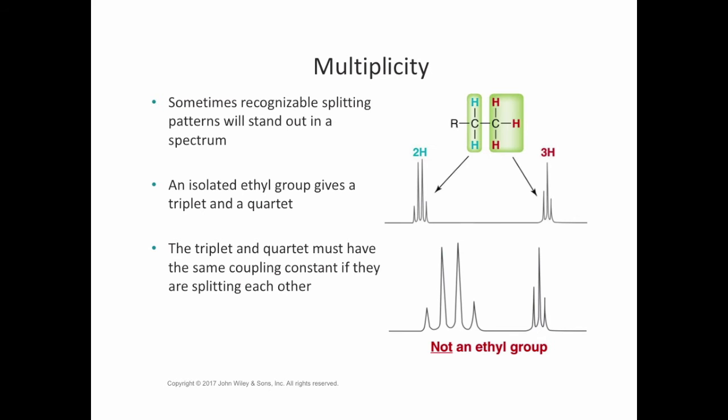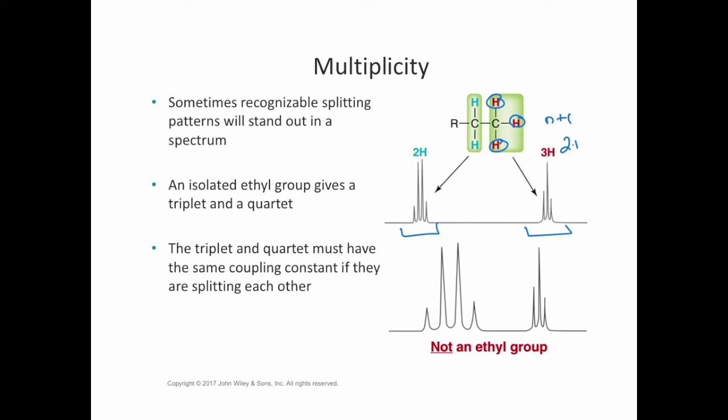There are recognizable splitting patterns that should stand out to you in a spectrum and indicate the presence of certain groups. An ethyl group, for example, will give rise to a quartet and a triplet. The hydrogens in red are coupled to the hydrogens in blue, and they will show up as one signal that's a triplet because of the neighboring blue protons, there are 2 of them.